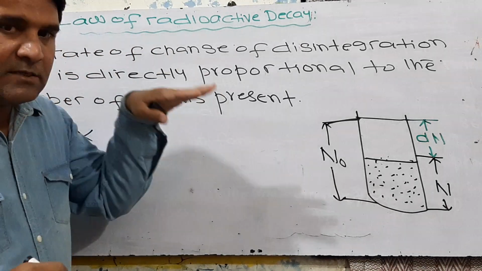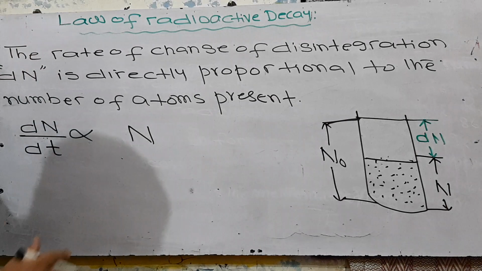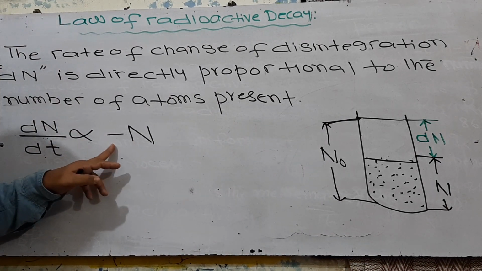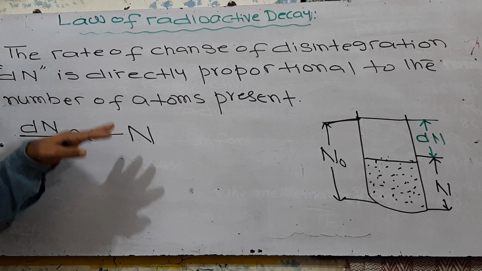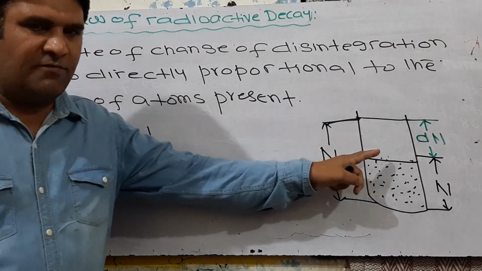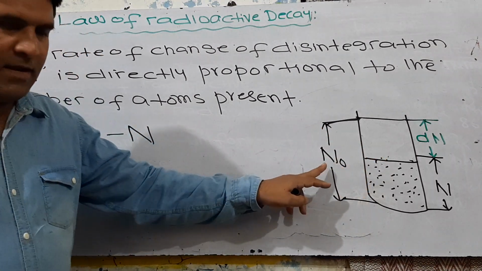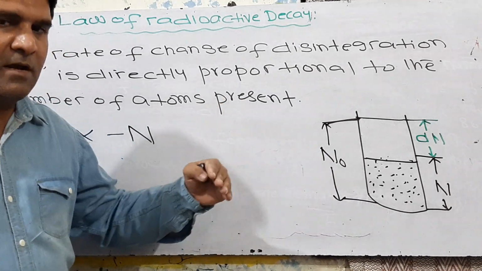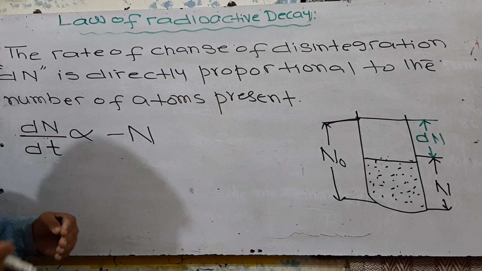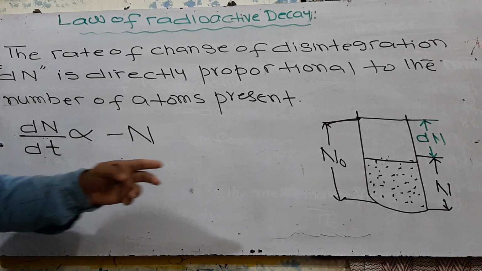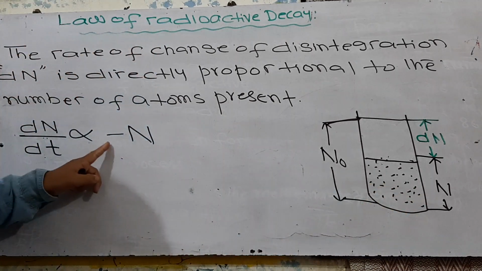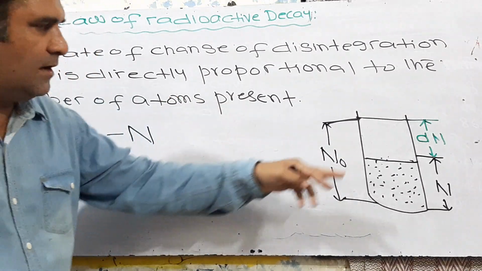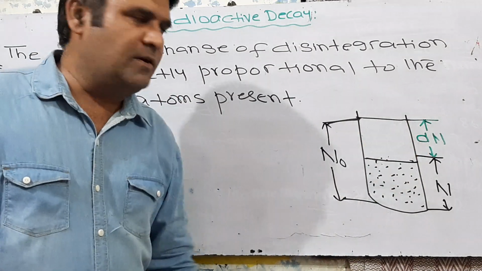The number of atoms has decreased, so we introduce a negative sign here. Initially it was N naught, but after disintegration the number of atoms is equal to N, and the negative sign shows that N has been reduced because of the disintegration dN.